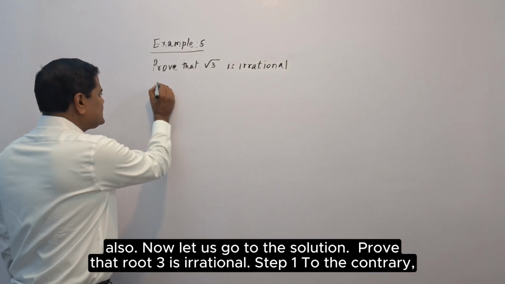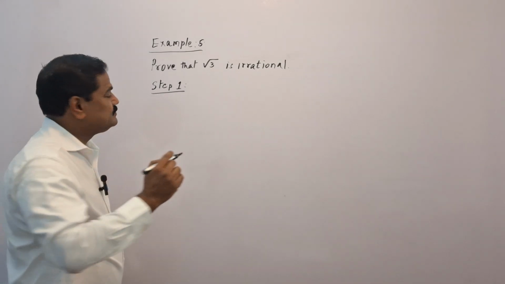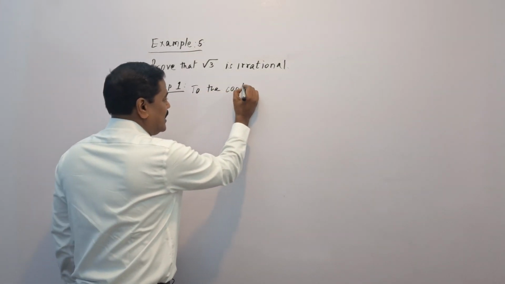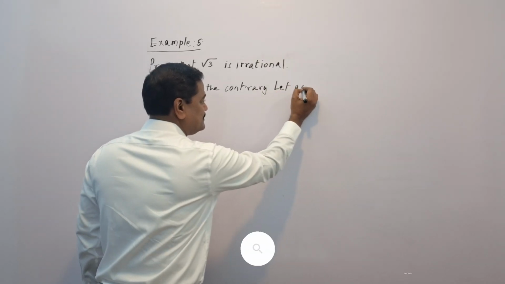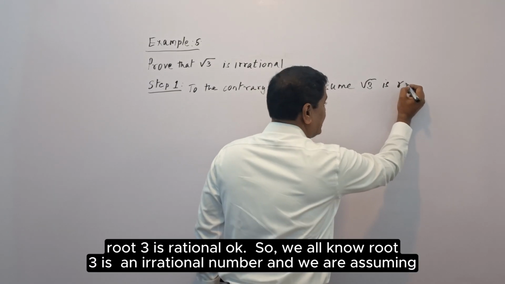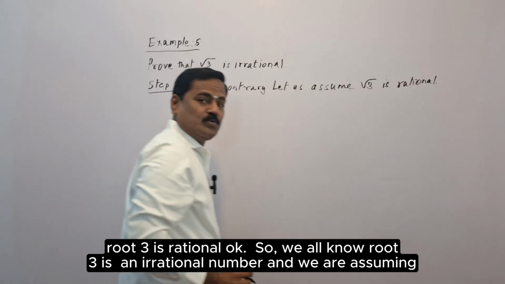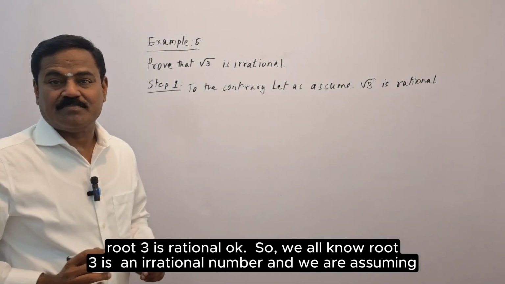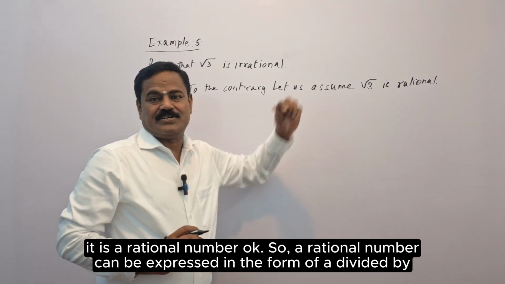Step 1. To the contrary, let us assume root 3 is rational. We all know root 3 is an irrational number, and we are assuming it's a rational number.